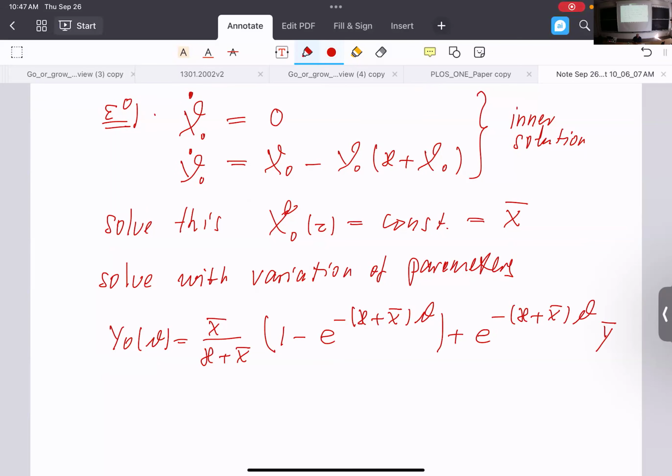I can imagine if I write this out, we have X0. Set theta at 0, and then e to the 0 is 1, so the 1 minus 1 term disappears. And the second term gives us the right part.